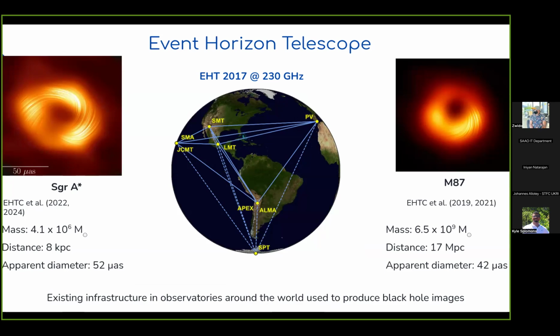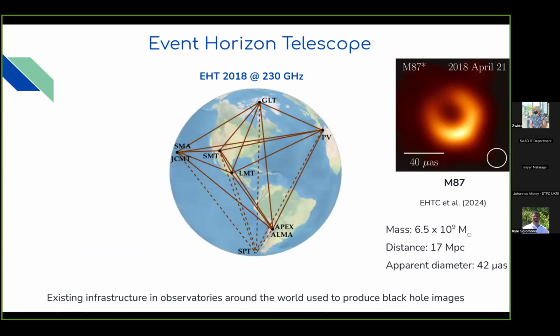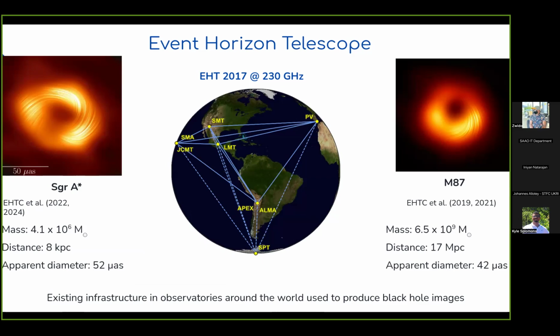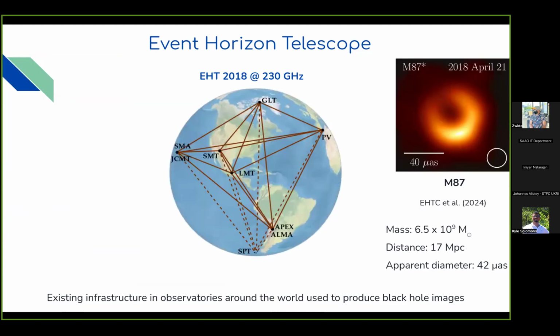You see remarkable consistency between the ring structures in these two different black holes, although they are 3 orders of magnitude different in size. Last year we also published the 2018 data of M87, and this is remarkably consistent with the 2017 observations. That gives us confidence that the VLBI technique is working at millimeter waves.